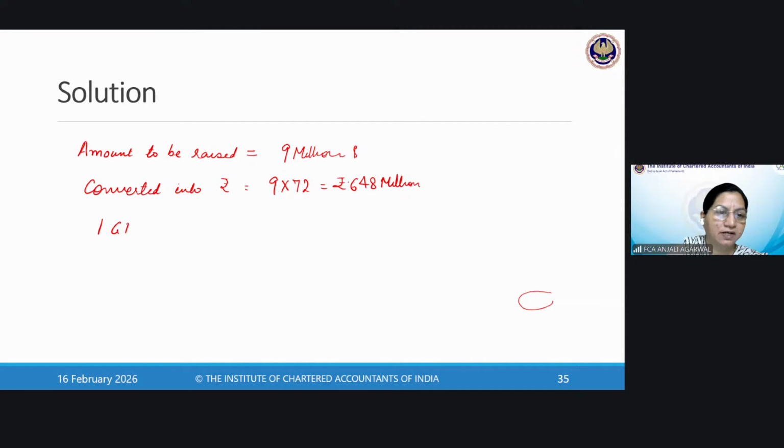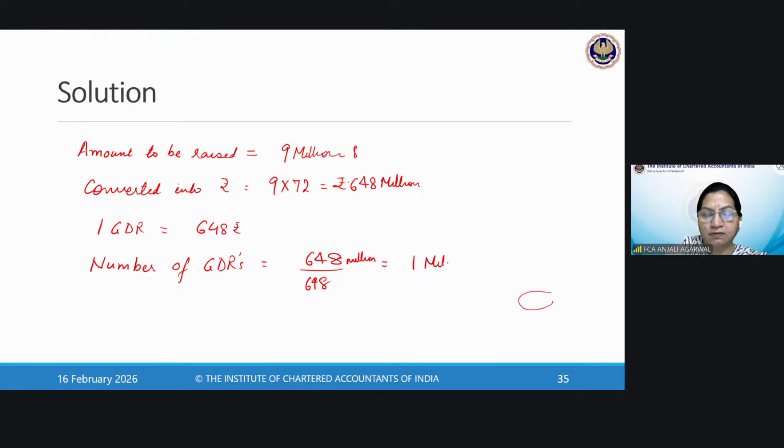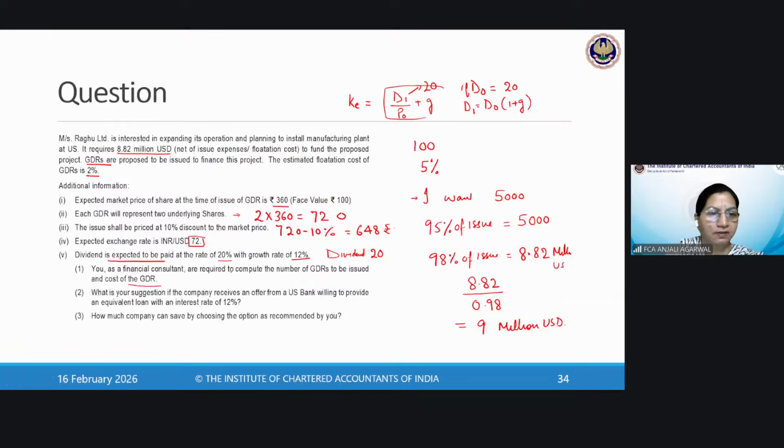The underlying price of 1 GDR is 648 rupees. So the number of GDRs to be issued would be 648 million divided by 648, which is 1 million. So number of GDRs, 1 million.